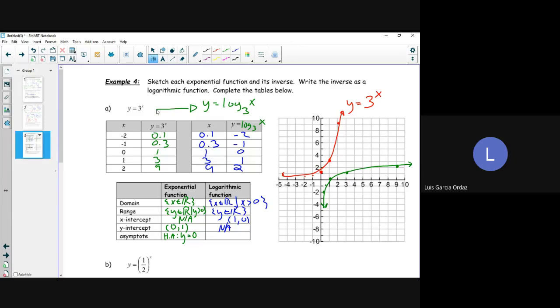And instead of a horizontal asymptote, the log function has a vertical asymptote. So is everybody okay with that one? Perfect.